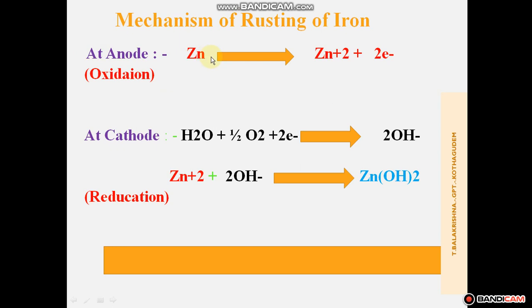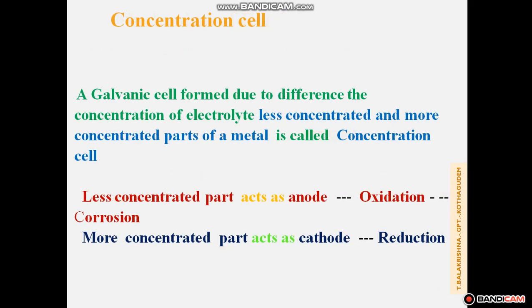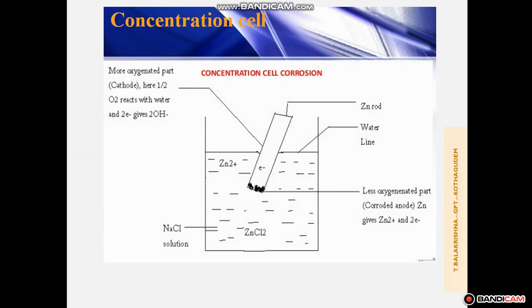That half part of the zinc, which is dipped in the solution, in the diagram, this zinc metal acts as an anode. This part is ready to participate in oxidation reaction, that is, in corrosion reaction.